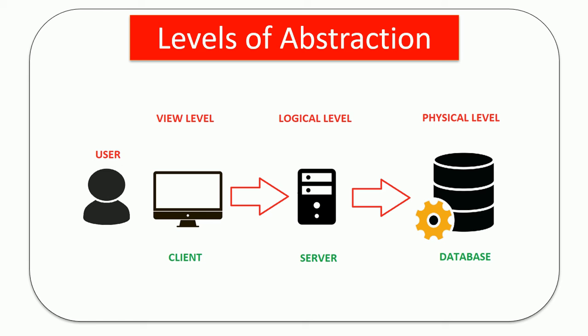So now let us separate these three different levels and look deeper into it. Let us take this database level. Let me tell you how data will be stored in a database at the physical level. So this will be simply bits and bytes of data in physical blocks, that is zeros and ones.